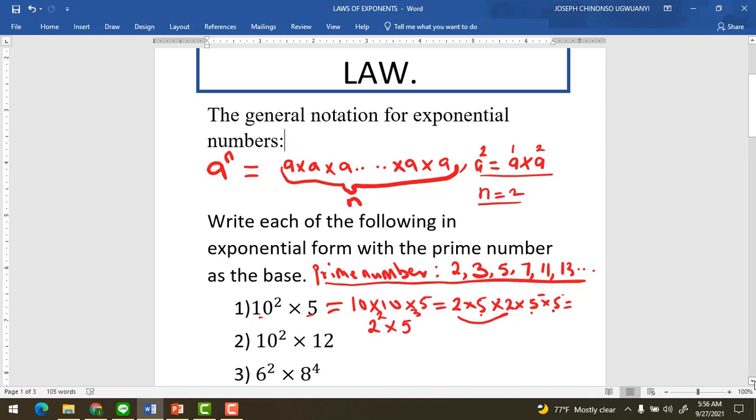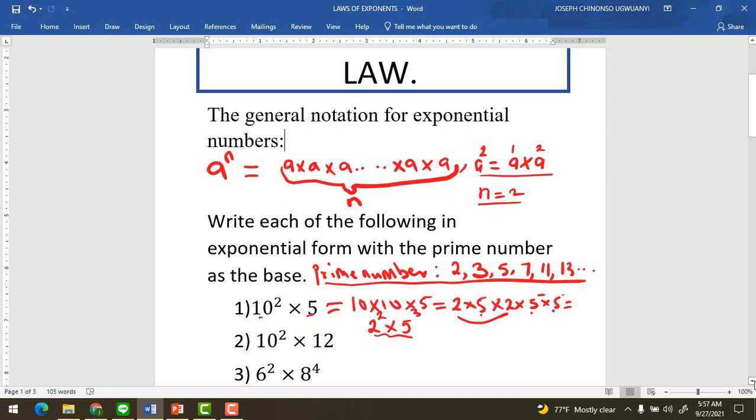So this is our final result. So 10 exponent 2 times 5 can be written with bases as prime numbers. 2 is a prime number, 5 is a prime number. 2 exponent 2, 5 exponent 3, same thing as 10 exponent 2 times 5. So we have written the numbers with the prime numbers as the base.